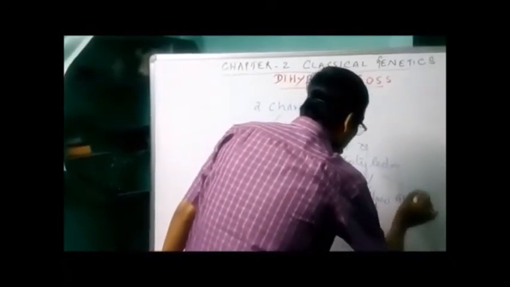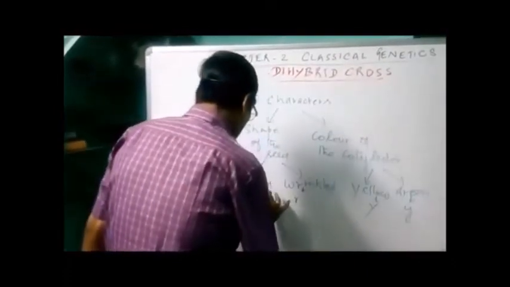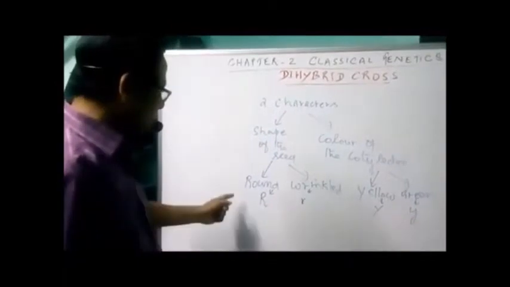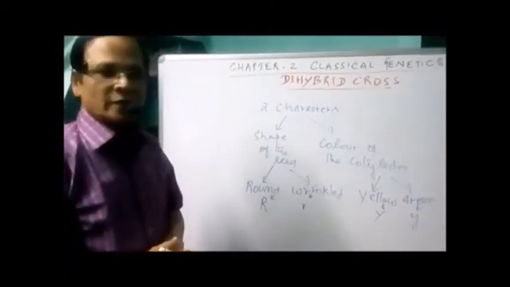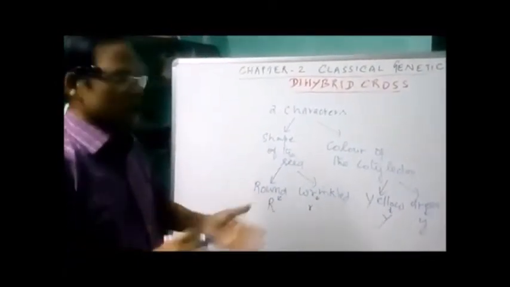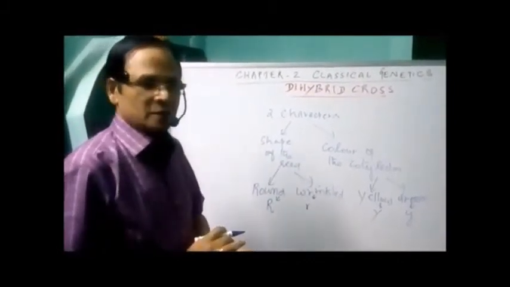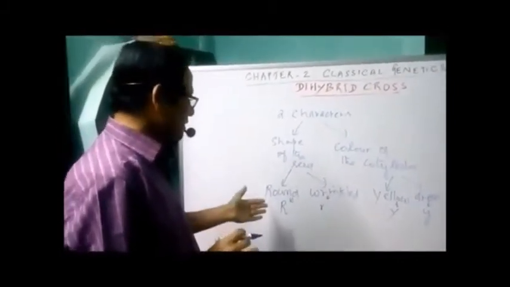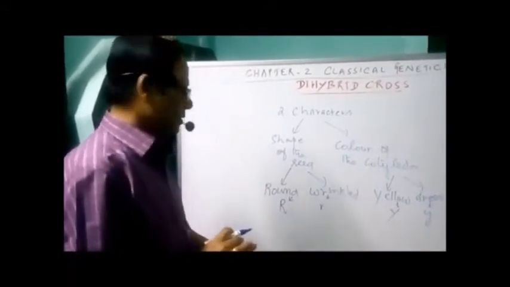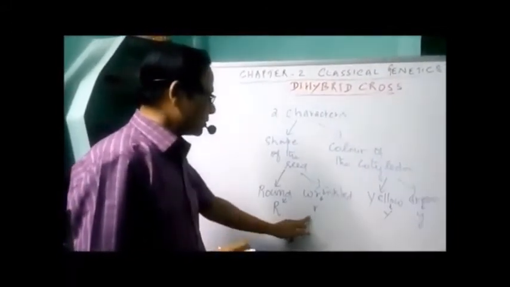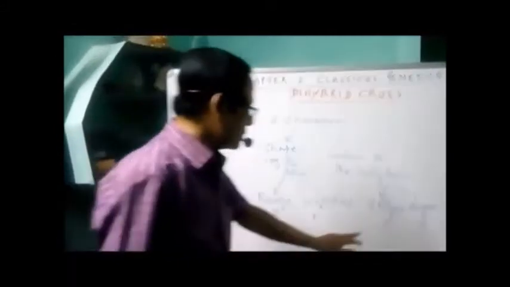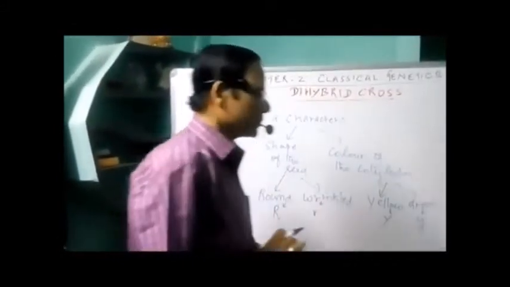Generally we can say R gene and Y gene, and each gene has two alleles: capital R and small r are alleles, and capital Y and small y are alleles.